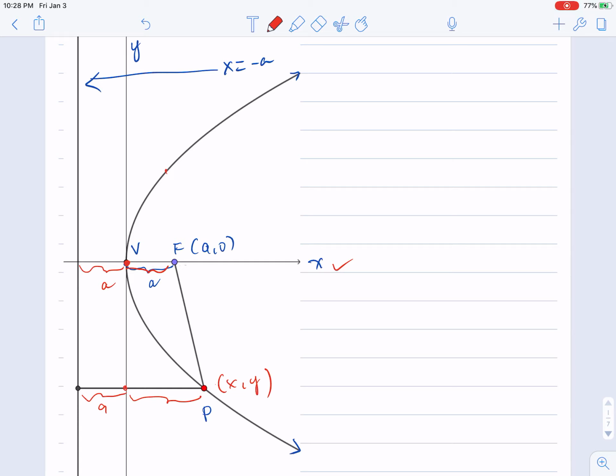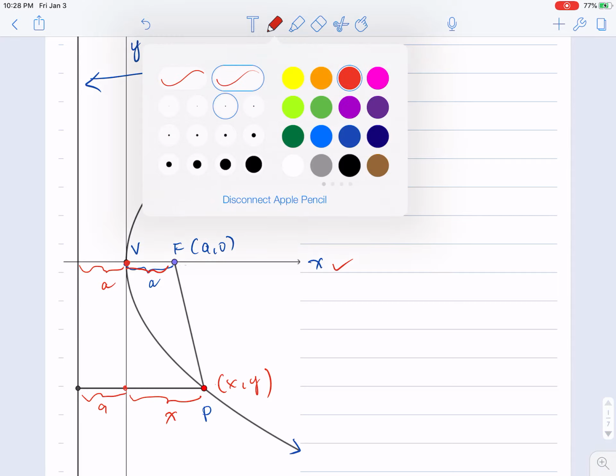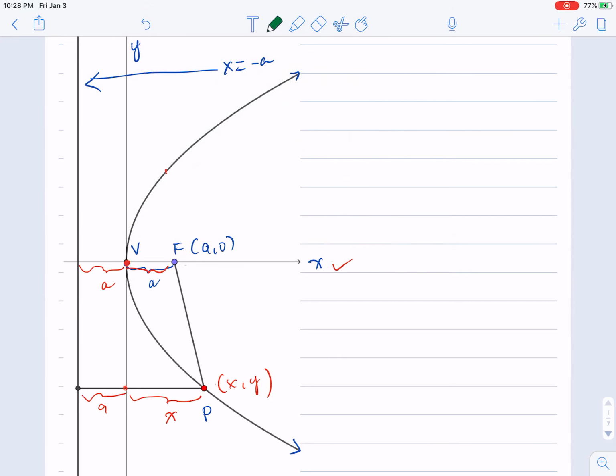So, x units yan yung nandito. Tapos yung y, same distance ito, tong part na to. Same distance siya nito ng F tsaka P.